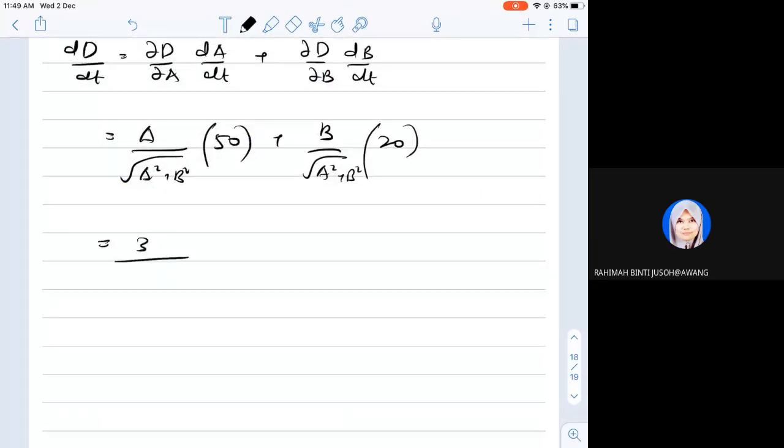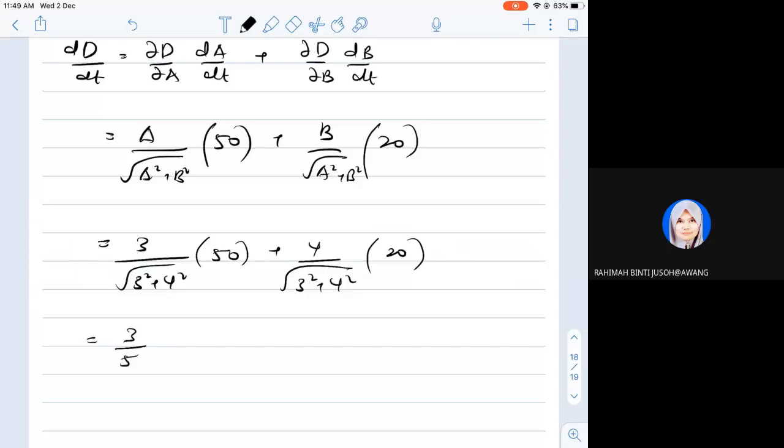So 3 over the square root of 3 squared plus 4 squared multiplied by 50, plus 4 over the square root of 3 squared plus 4 squared multiplied by 20. So 3 over 5 times 50 plus 4 over 5 times 20.